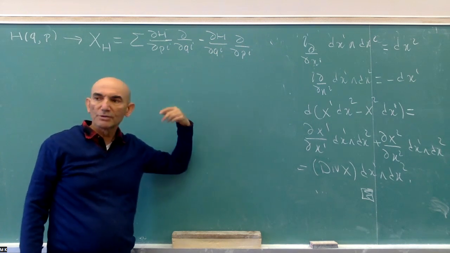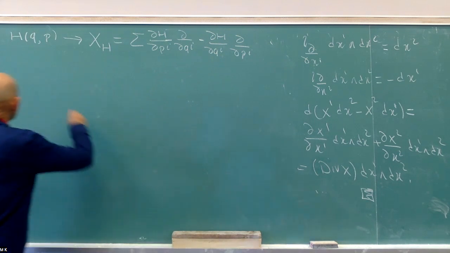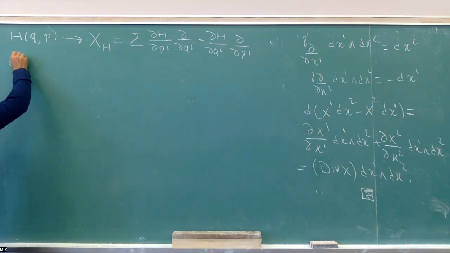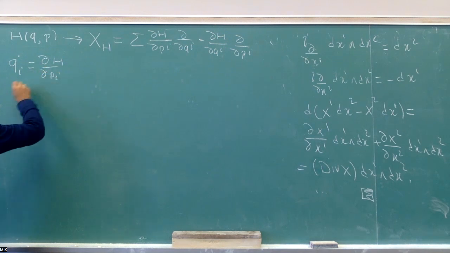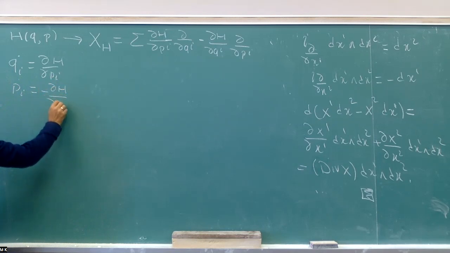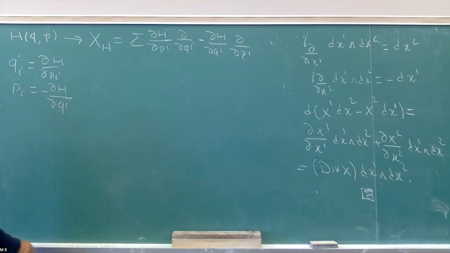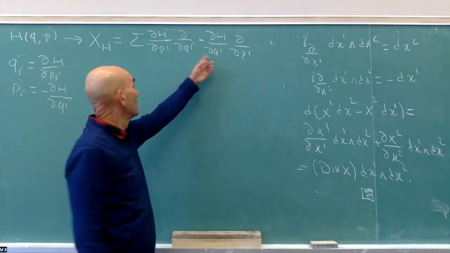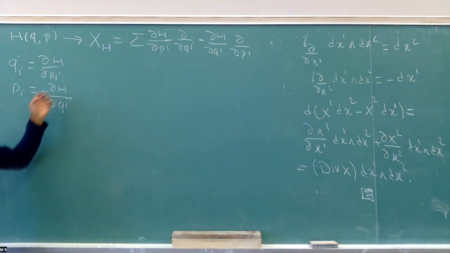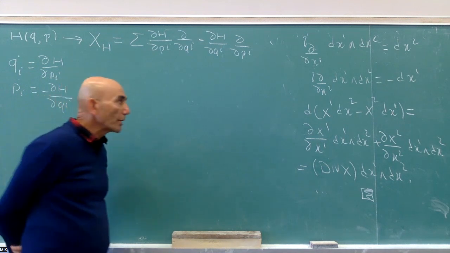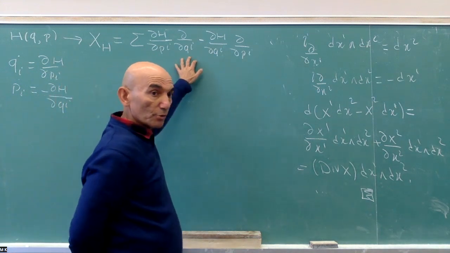If you think of Hamilton's equations, we have q_i dot equal to dH/dp_i, and p_i dot equal to minus dH/dq_i. Exactly. This vector field appears on the right-hand side of Hamilton's equations. Now this is called the Hamiltonian vector field.